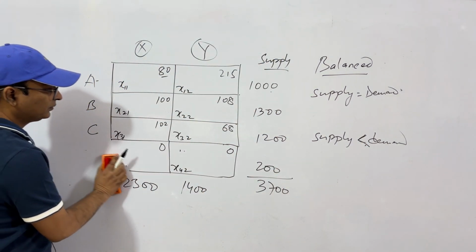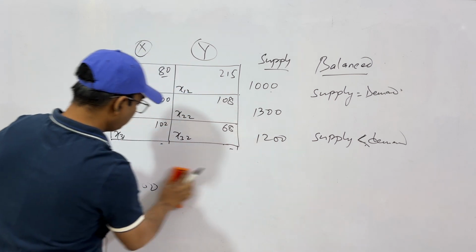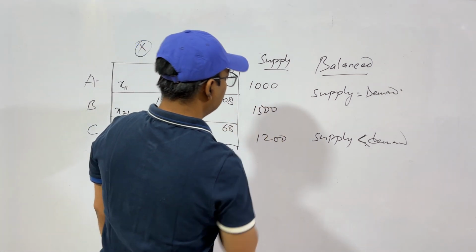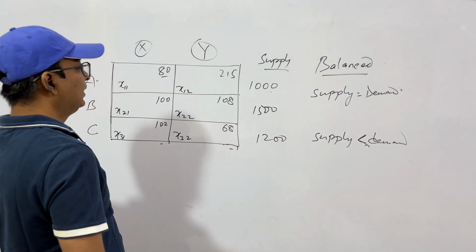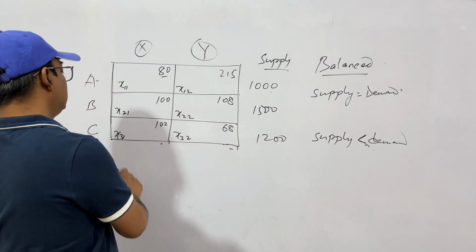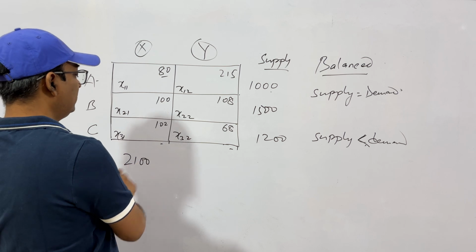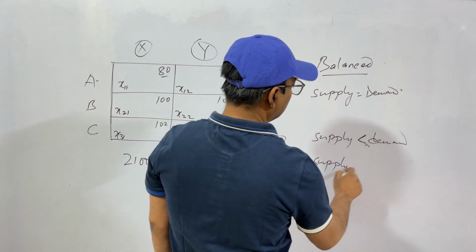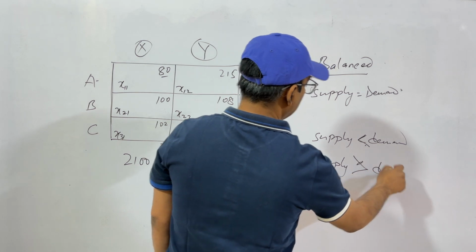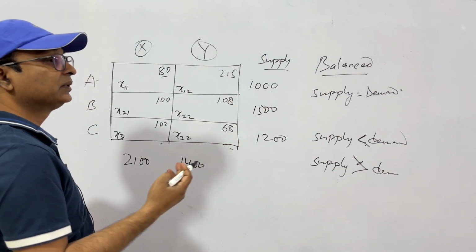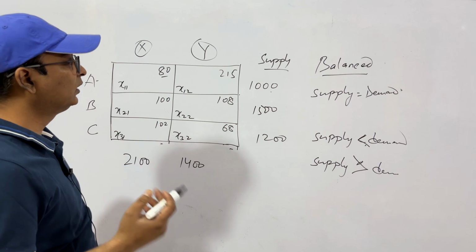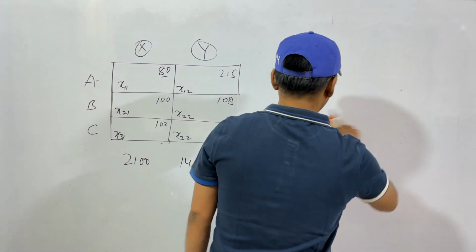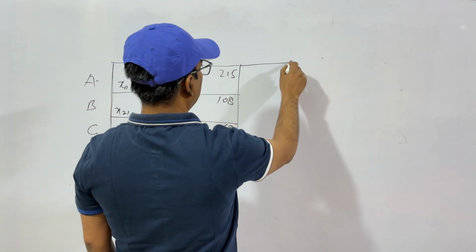Another situation can be, let's say this is producing 1500, that is, total production is 3700, but our demand reduces. That is, instead of 2300, let's say it demands 2100 units only. That is, this is the case when supply is greater than demand. There will be 200 items of no use, they will be surplus. So in that case, since the supply is more, we create a dummy demand unit.